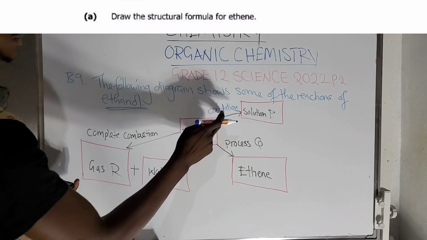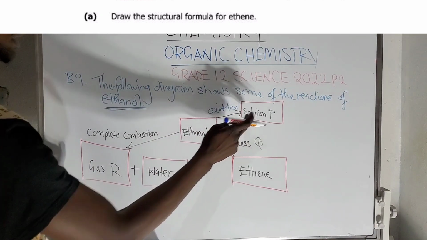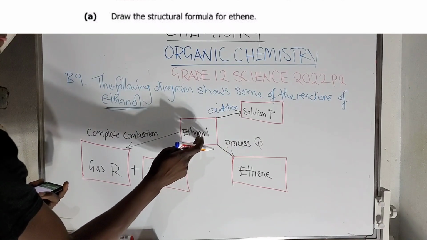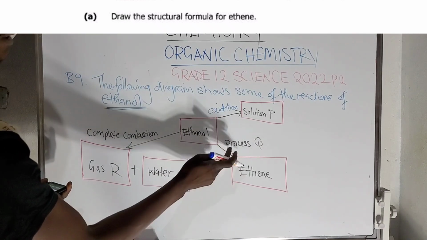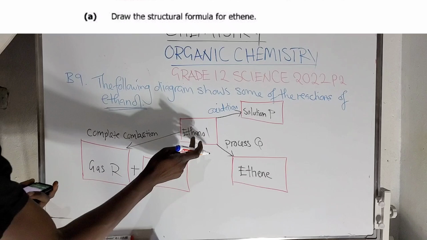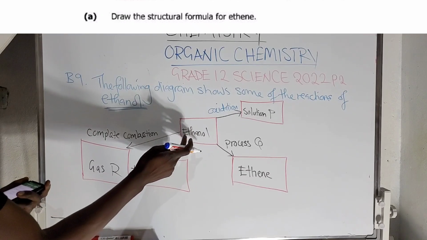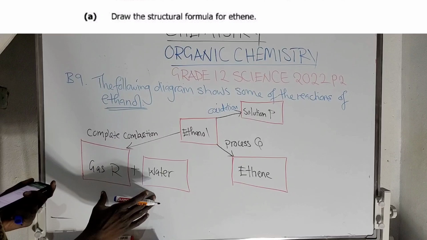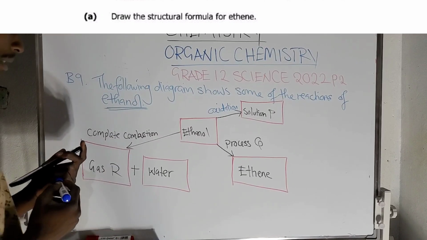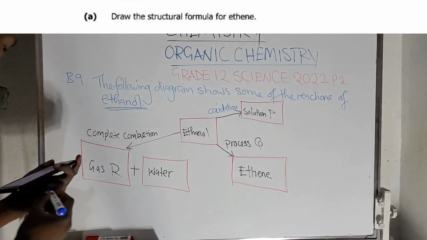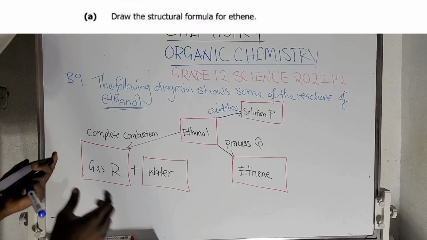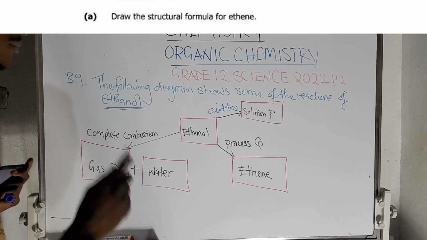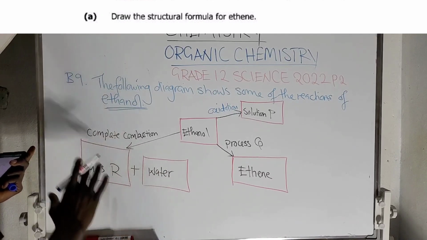So when ethanol is oxidized, what is solution P? When ethanol produces ethene, what is the name of the process? When ethanol undergoes complete combustion, what are the products? This is nice. Okay, so before we go to the questions, let me just make mention of this.